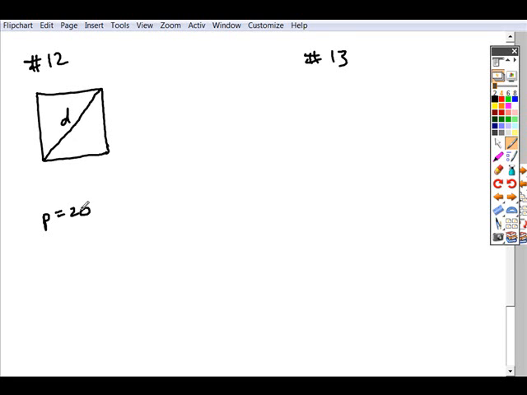And problem 13 says, find the altitude of an equilateral triangle if the perimeter is 21. So again, here is your altitude.